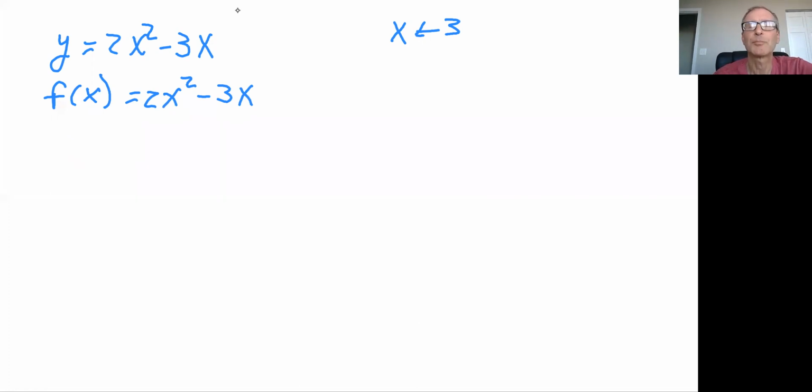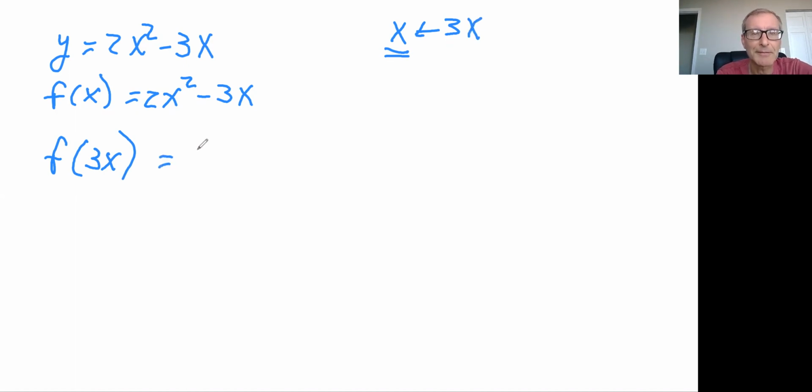So say like we plug in something like f of 3x. That seems kind of interesting and new. So the way that works is that wherever you see x in the function, you want to replace it with 3x.